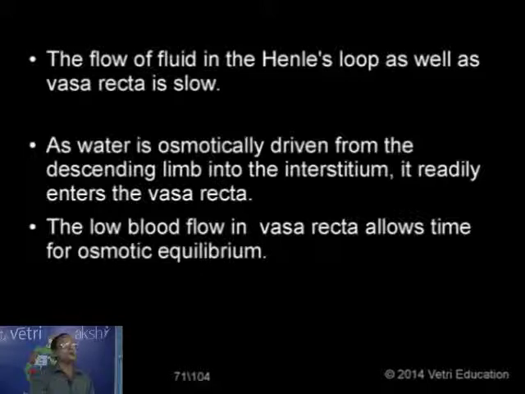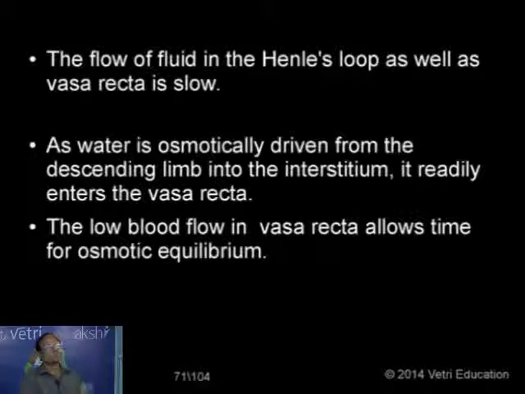And that slow movement of blood actually provides time for maintaining the osmotic equilibrium. So the water that is being driven out from the loop of Henle enters into the vasa recta.